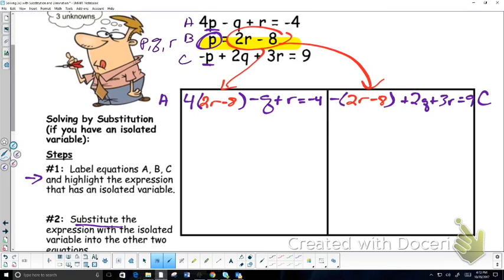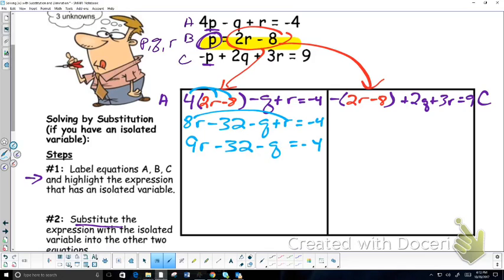So now if I were to go forward and simplify, I got 4 times 2r, which is 8r. 4 times -8, -32, minus q plus r equals -4. I got some like terms I could combine. My 8r and r will give me 9r. Minus 32 minus q equals -4. Then I could add 32 to both sides, giving me 9r minus q equals 28, okay?